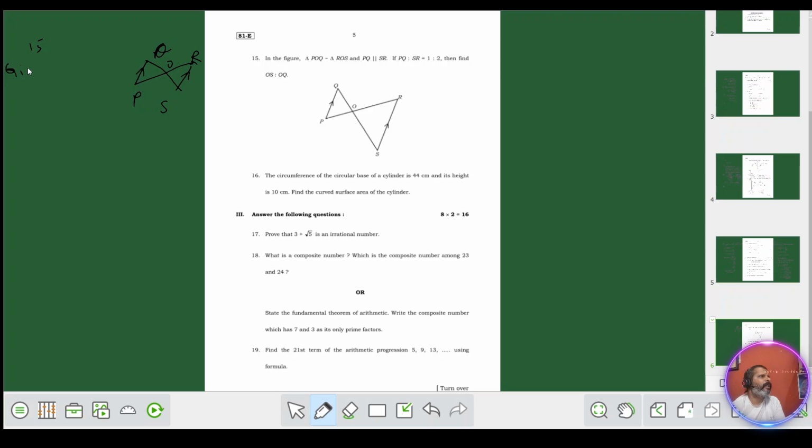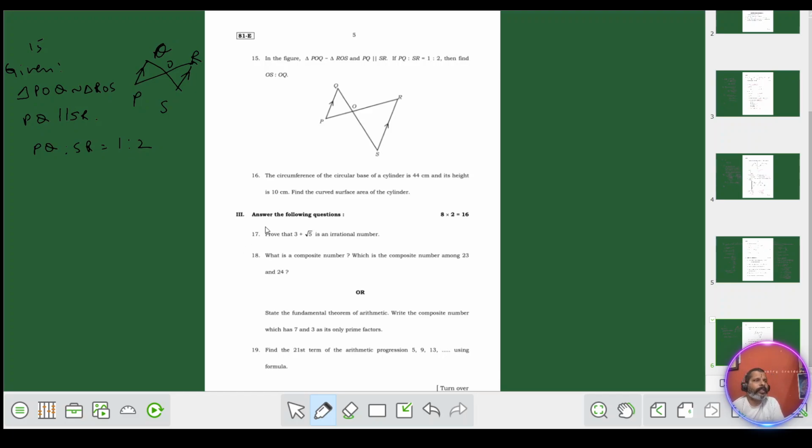What is given? Since it's a 1 mark question, don't think that you can write a single word or single line answer. Whatever you have to write. What needs to be written here? Given triangle POQ similar to triangle ROS and PQ parallel to SR, and PQ to SR is 1:2.